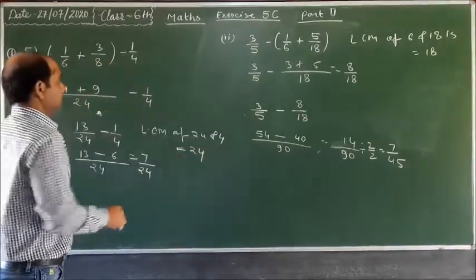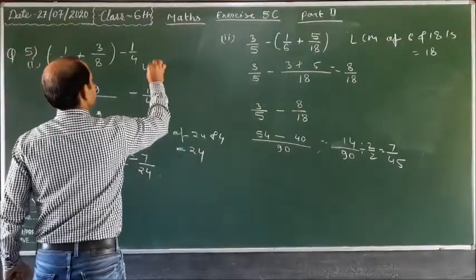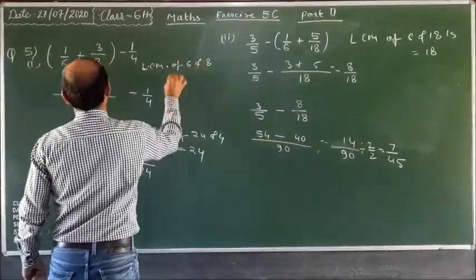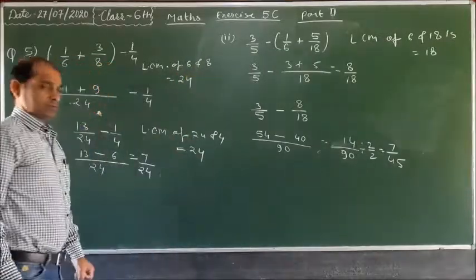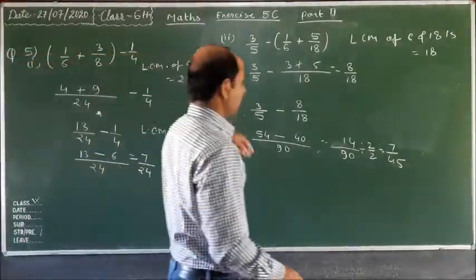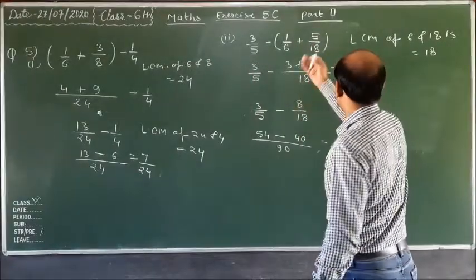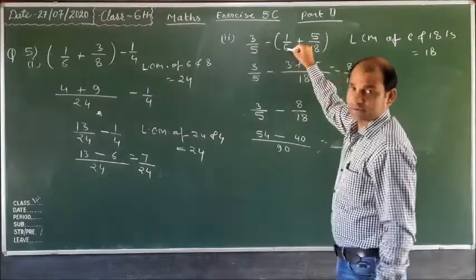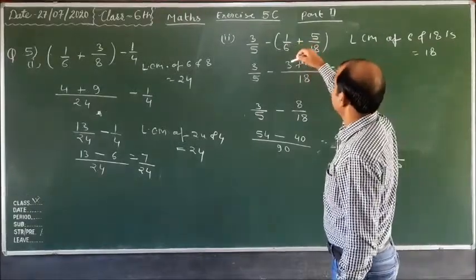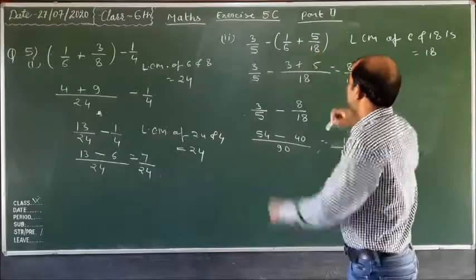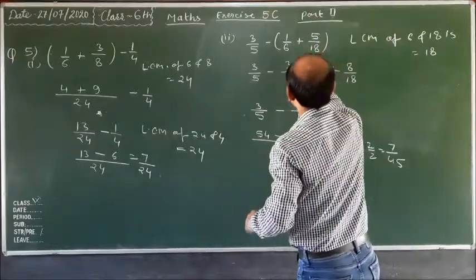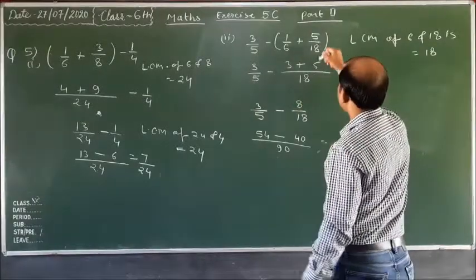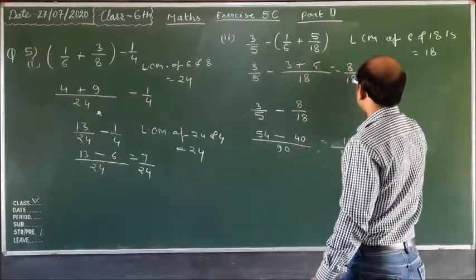Now the LCM of these two numbers equals 18. 18 divided by 6, 6 times 3 is 18, so 3 multiplied by 1 equals 3. Plus 18 divided by 18 is 1, and 1 times 5 is 5. So 5 plus 3 equals 8 upon 18.